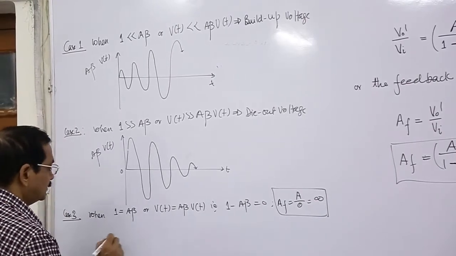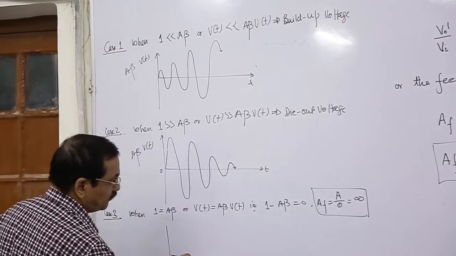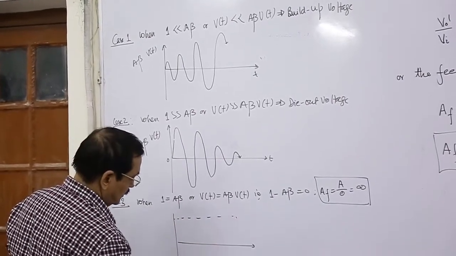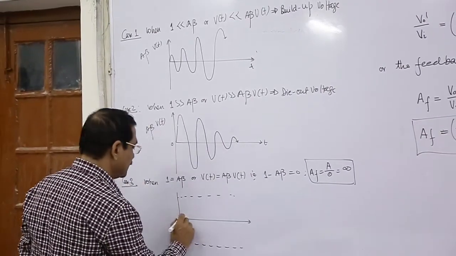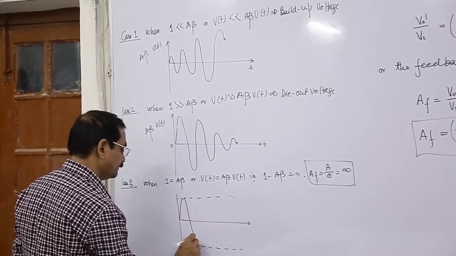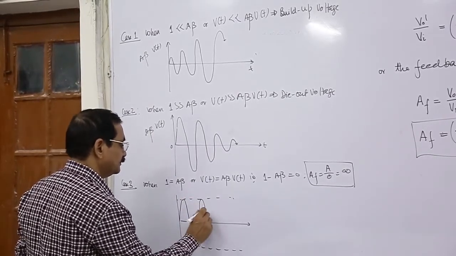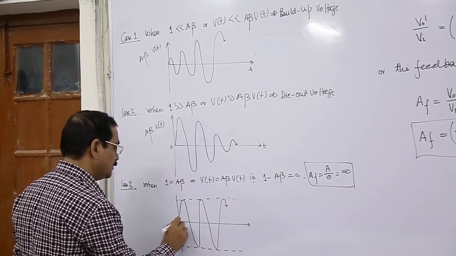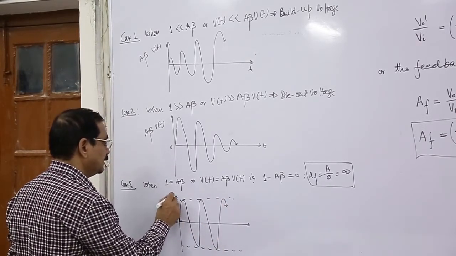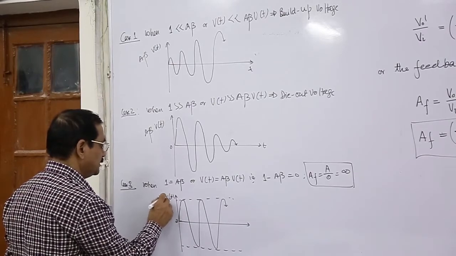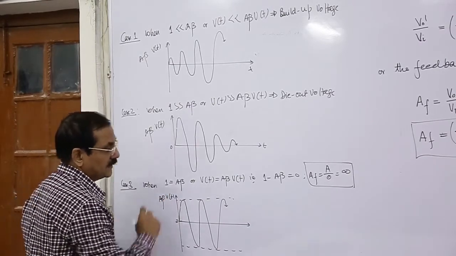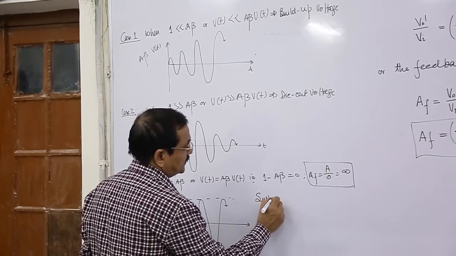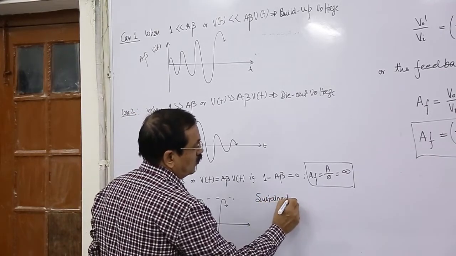So this can be represented as this. This is 0, this is Vt, A beta Vt, which is known as the sustained voltage.